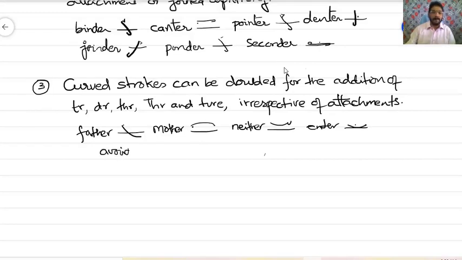Avoider, they don't have any attachment, see. Avoider. Finder with attachments. Thunder. A sounder.